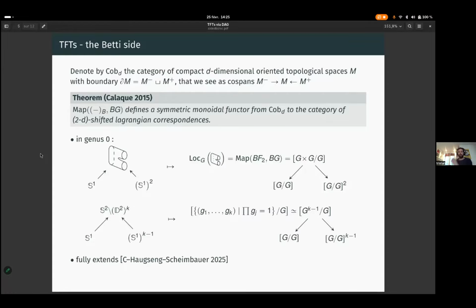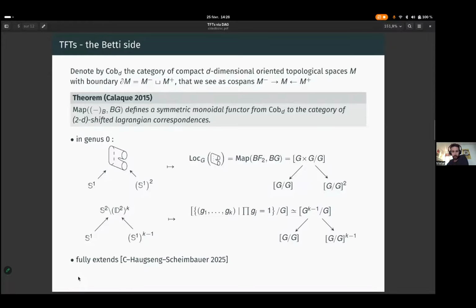So this is just the mapping stack from the Betti stack of the pair of pants, which up to homotopy is a pair of circles tangent, to BG. So that's just the quotient stacks of G^2, seen as a correspondence here between G and G^2 mod G.